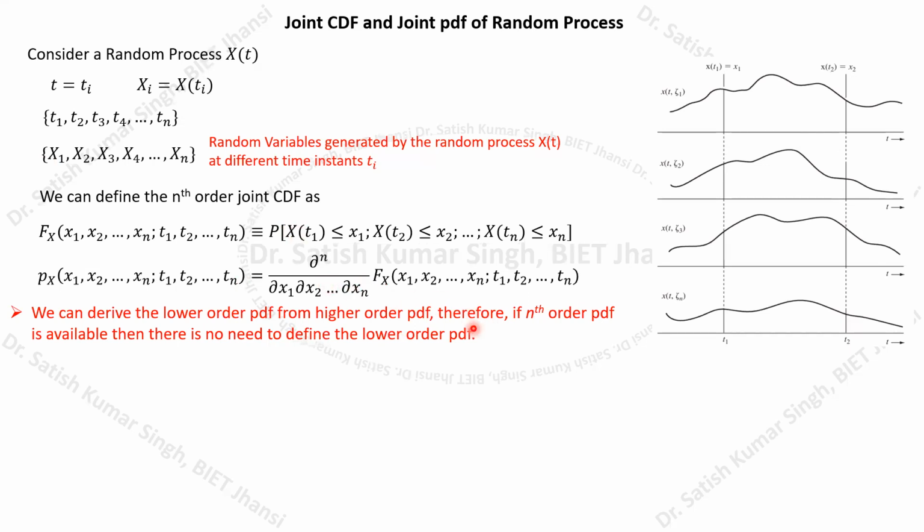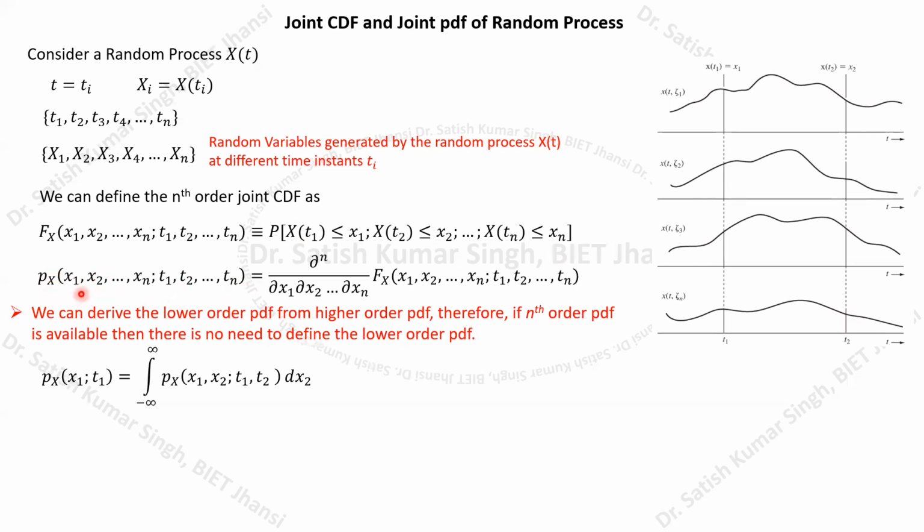Let us try to understand the meaning of this. Suppose we have this second order PDF. Here you can see this is defining the second order PDF. What does this PDF represent? This PXX is actually x1 comma x2 comma t1 t2. Here is the equation for your nth order PDF that you remember.